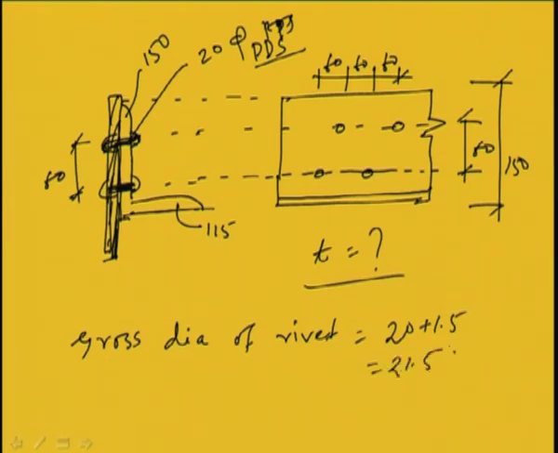Now the deduction in width of hole along the section 1, 2, 3, means if we see, it may fail like this, 1, 2, 3, this is one way it may fail, another is 1, 2, 4, 5. So there are two ways of failure which have to be calculated, 1, 2, 3 and 1, 2, 4, 5.